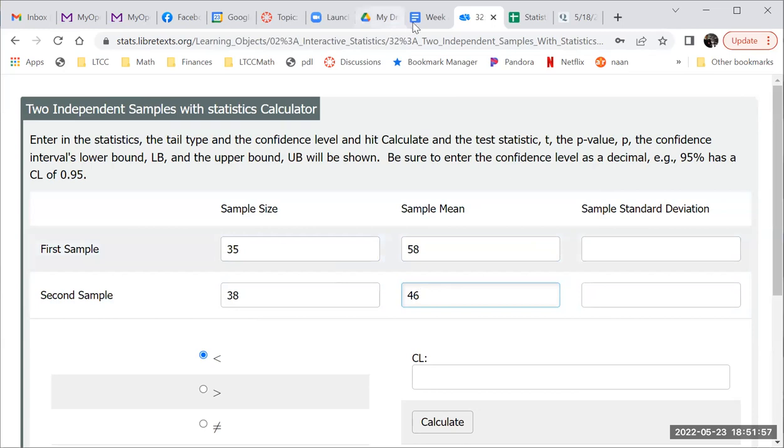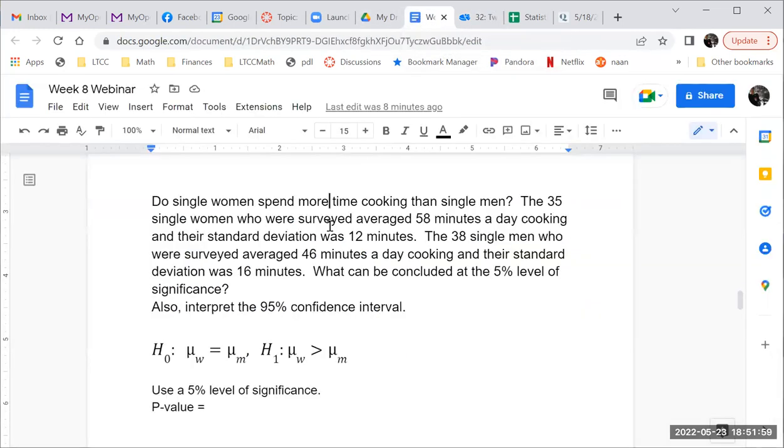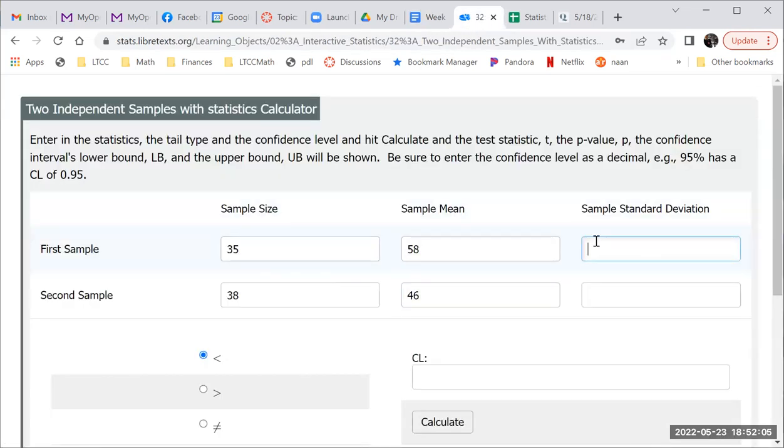The sample standard deviations were 12 and 16. Our alternative hypothesis had a greater than, so I click on greater than.